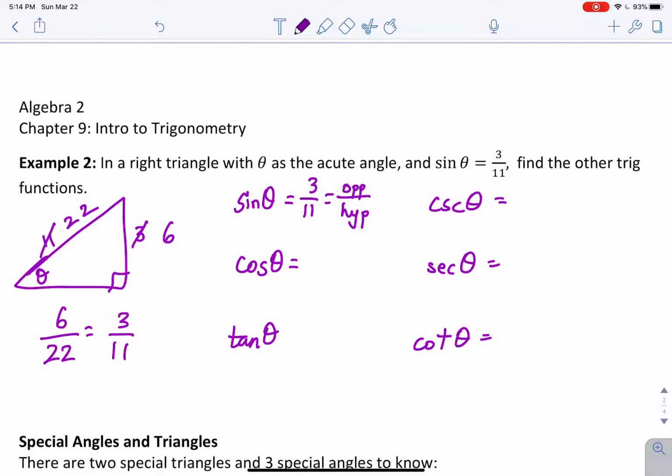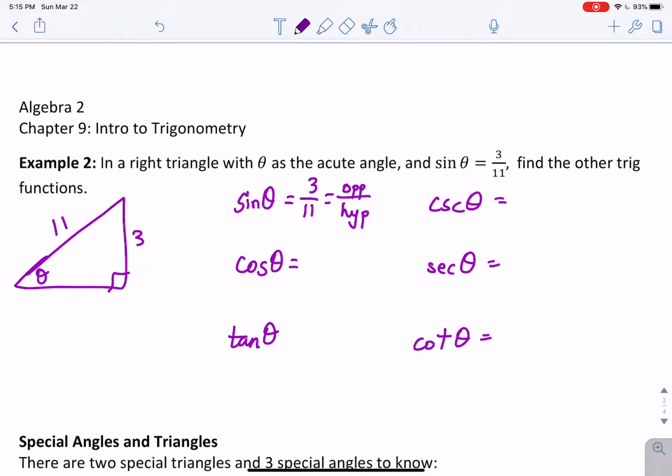That's what I mean by saying that we're generalizing this now. It's not fixed to this one triangle in particular. There are a lot of triangles that will fit this. But for simplicity, we're just going to pick the 3 and 11, because even if I make this 6 and 22, it reduces back down to 3 over 11. So it's simplest to just use the ratio given to me.